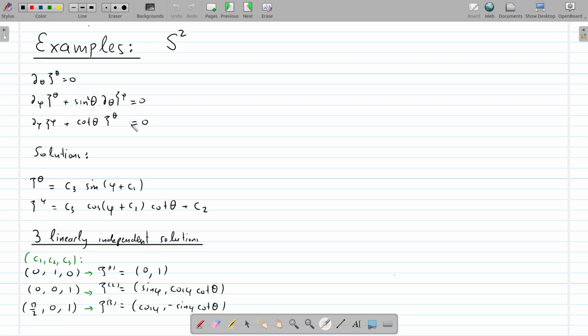And now what we will try to do is to obtain three linearly independent solutions. So by choosing the parameters C1, C2, and C3 to be those triplets here, 0, 1, 0, 0, 0, 1, pi over 2, 0, 1, we obtain three different Killing vector fields which are linearly independent.